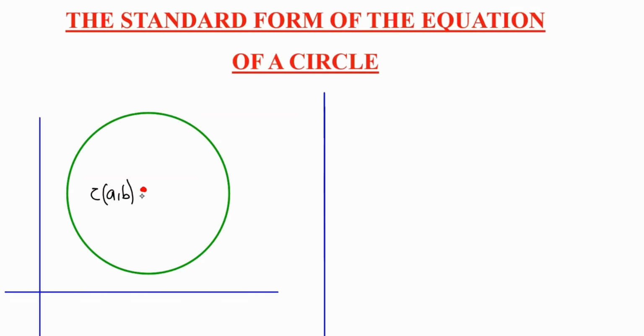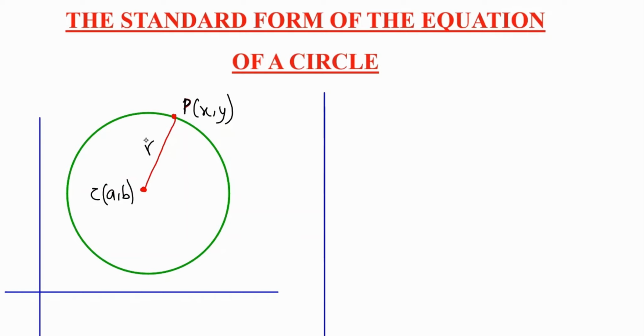Now from the center to any point on the circle, let's indicate that point on the circle as P with the coordinates X, Y. So the point P has the coordinates X, Y. The distance from the center to the point P on the circle is what we call the radius.